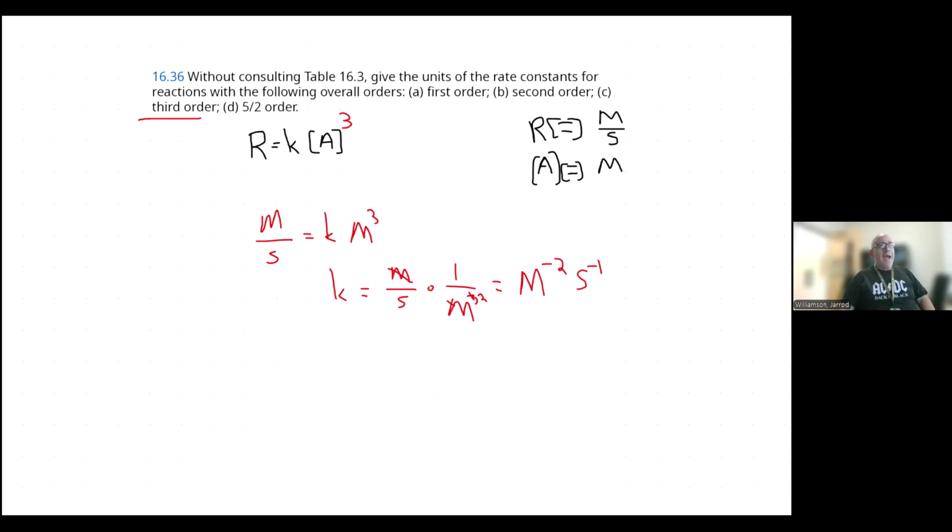Right? I could have had third order by having R equals K A B squared. I would have got the same result. Or I could have even had A, B, C. Still would have got the same units for K. The units math would have come out the same.